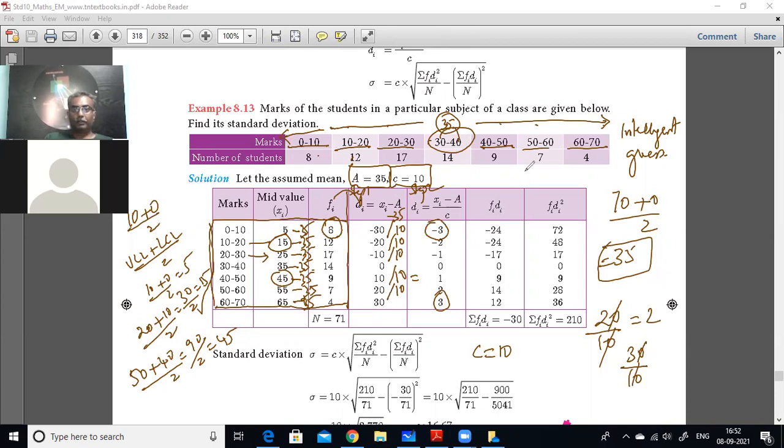Plus into minus, how much? Minus. 8 into 3, 8 threes are 24. So minus 24 you got. Then 12 into minus 2, minus 24, only.